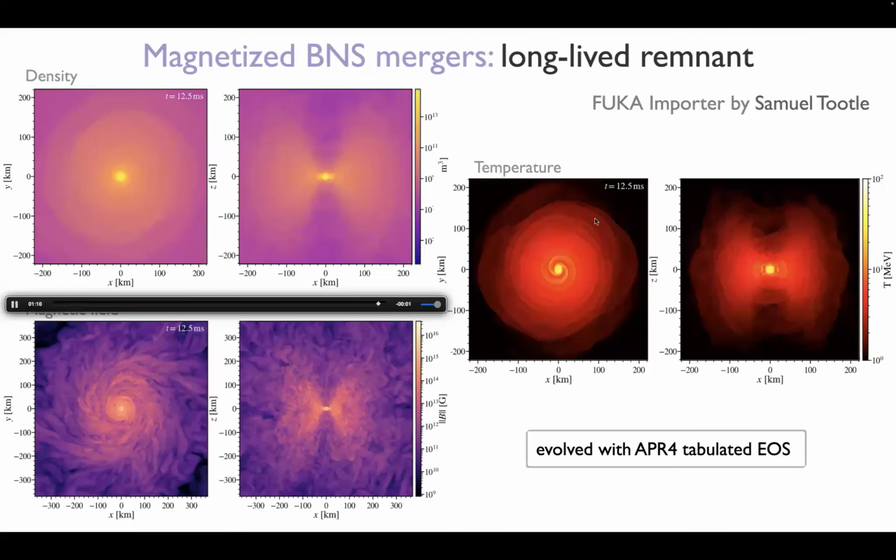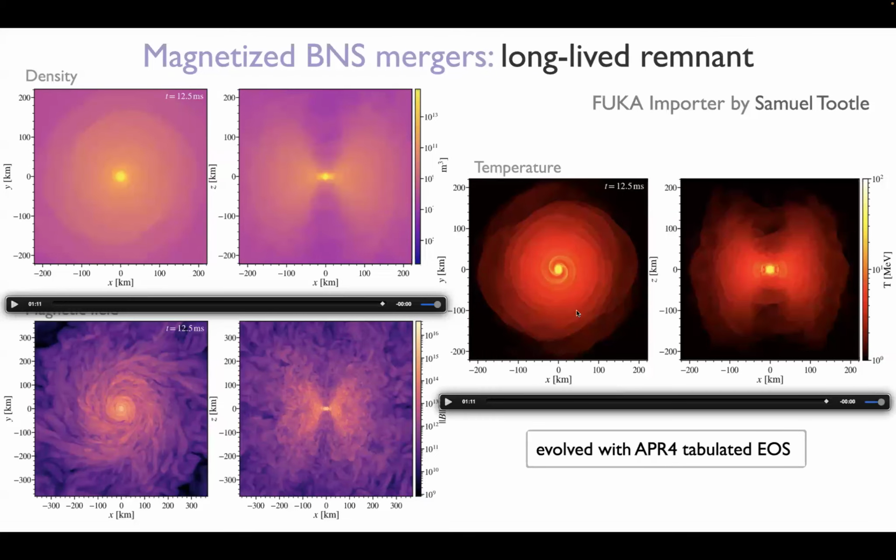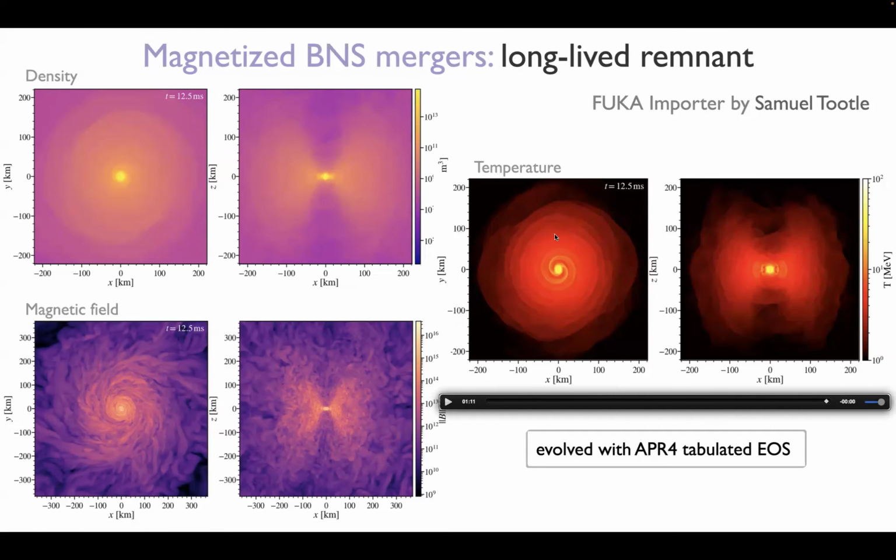It can be seen much more prominently in the temperature as well. This is like a flower-like pattern, like looking at a rose from the top view. This is all work in progress, and we are now trying to evolve a different equation of state as well.